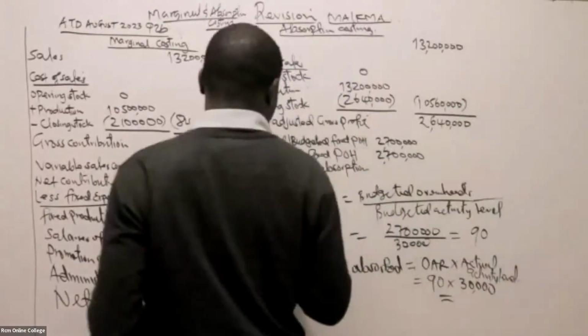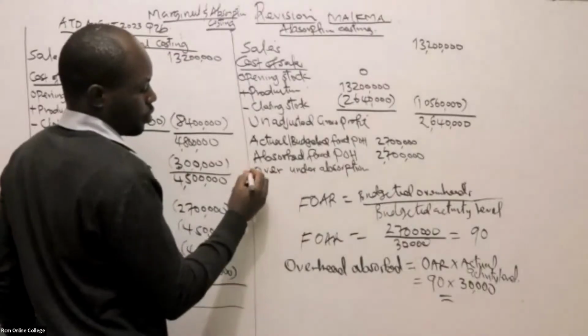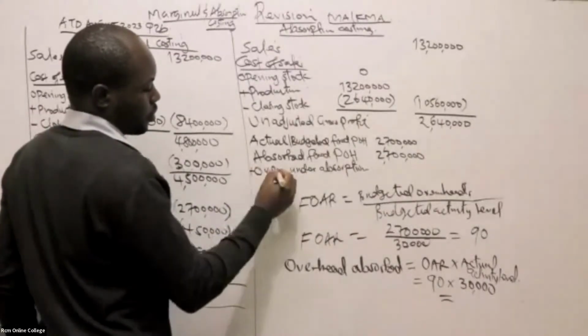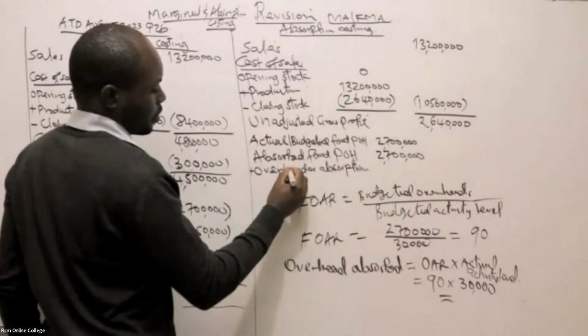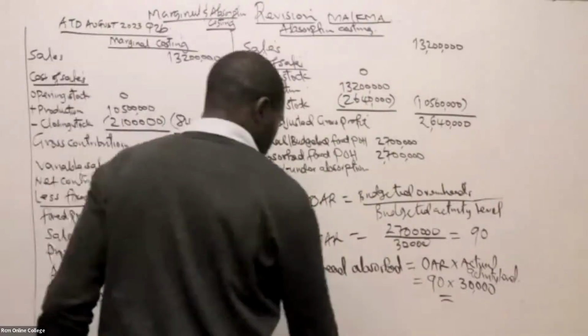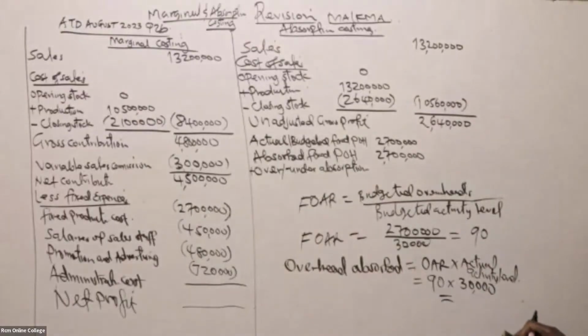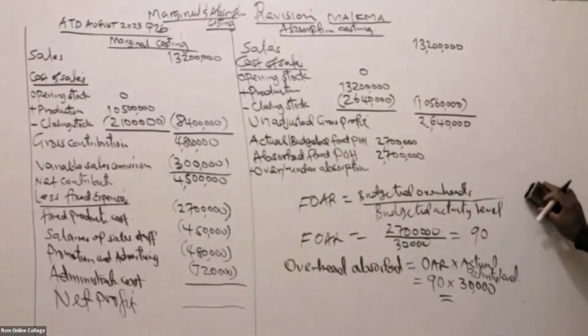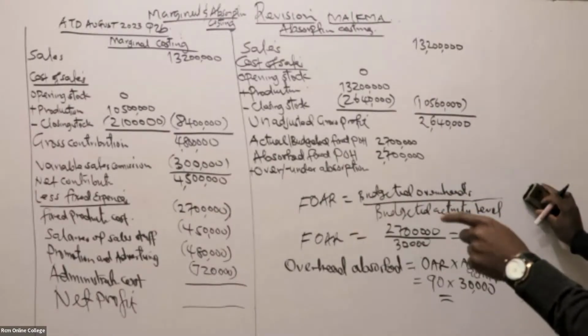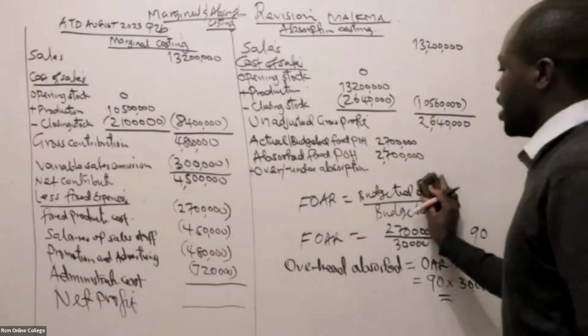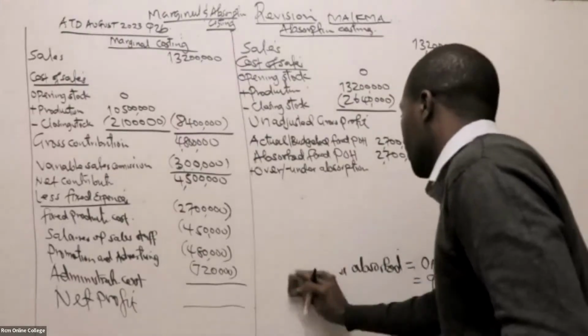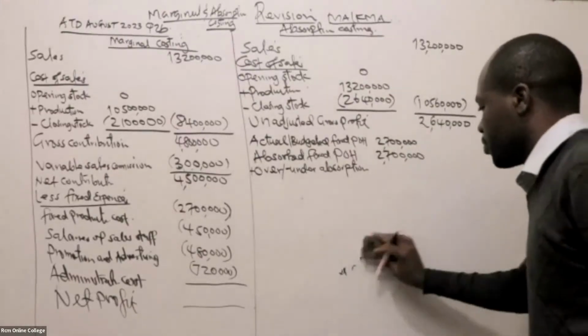So you can talk about add stroke less under absorption. I hope that will make sense to somebody. And if it is not making sense, please visit the last part of topic number 4.